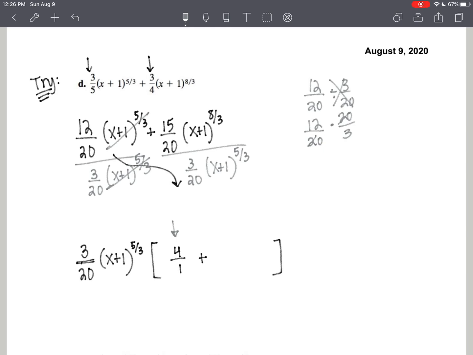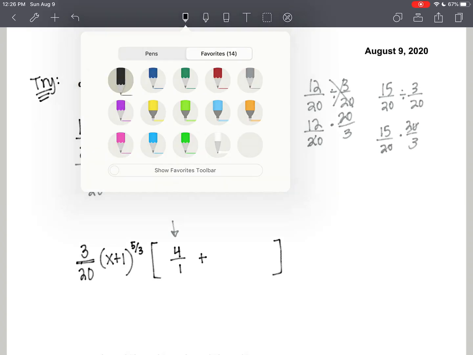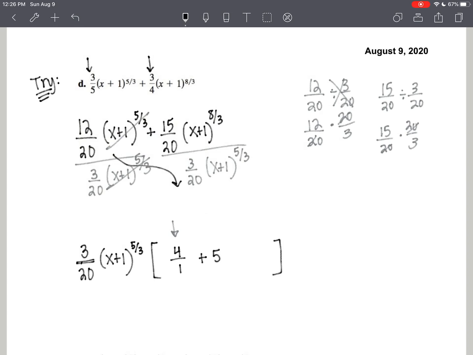Same thing here. We're going to be left with 15/20 divided by 3/20, which is the same thing as 15/20 times 20 over 3. 15 divided by 3 is 5, so that's going to give us a 5. I'm going to go back to my black pencil here. 5 times 8/3 minus 5/3 is 3/3, so x plus 1 to the first power, because 3/3 is 1.